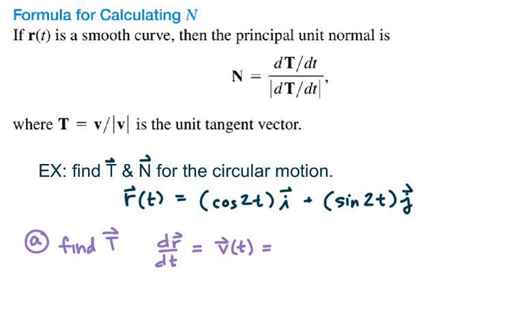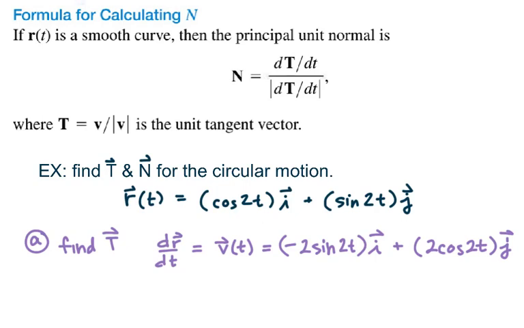Differentiating, the derivative of cosine 2t is negative 2 sine 2t, so we have negative 2 sine 2t i plus 2 cosine 2t j. I had to use the chain rule on both of those components.